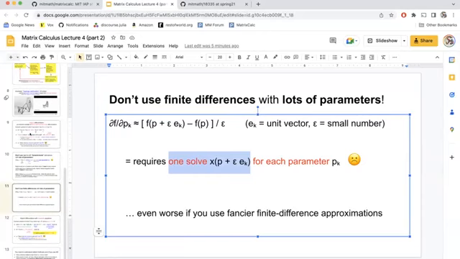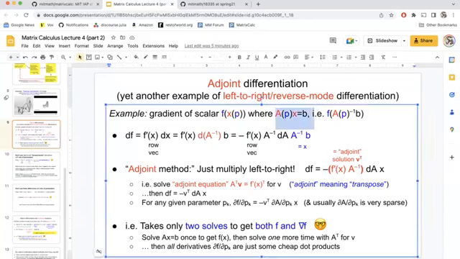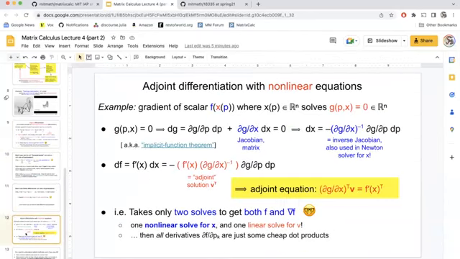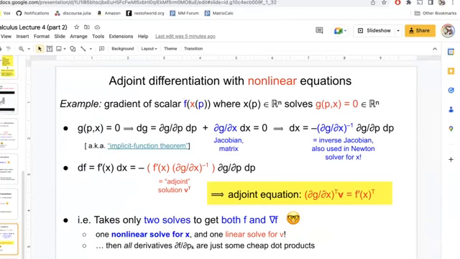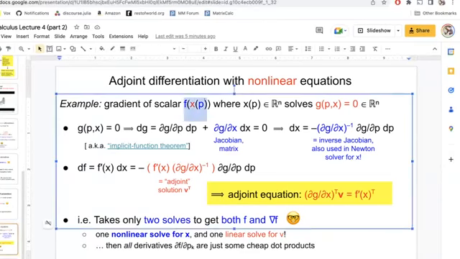So that was adjoint methods for linear equations, where you're computing f of x, where x solves a linear equation. But you can do the same thing where x solves a nonlinear equation. Suppose you're computing f of x, where x is your physics, p is your parameters, like the shape of your airplane wing.